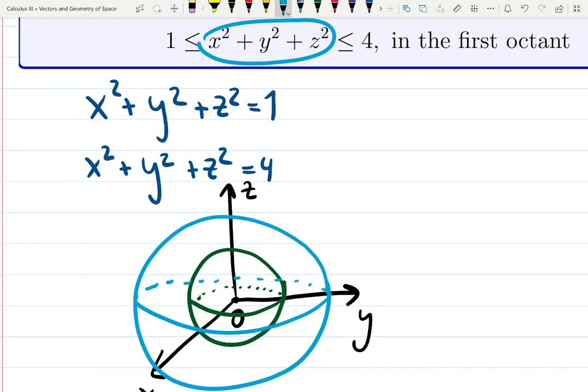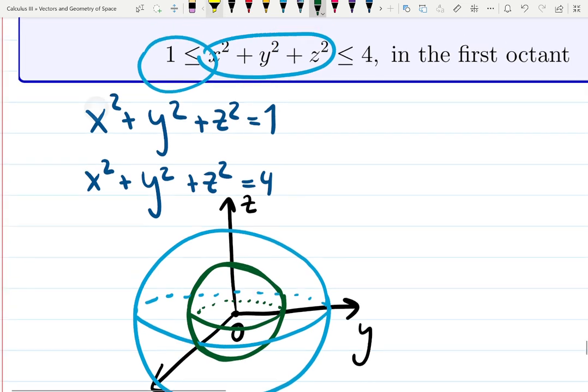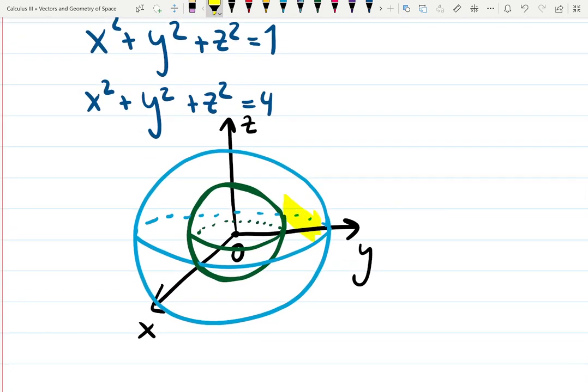So I have to be bigger than 1. Inside of this green sphere is less than 1, so I need to go outside of the smaller, but inside of the bigger. That gives you the difference. Do you agree? It's a filled-in ball, but with a hollow piece inside. Does that make sense to you?